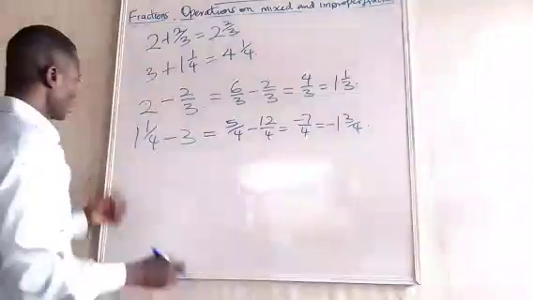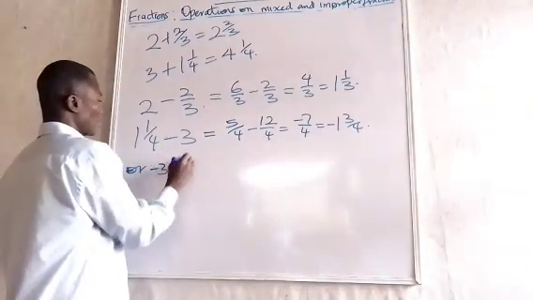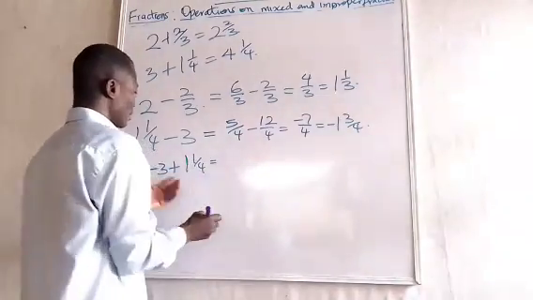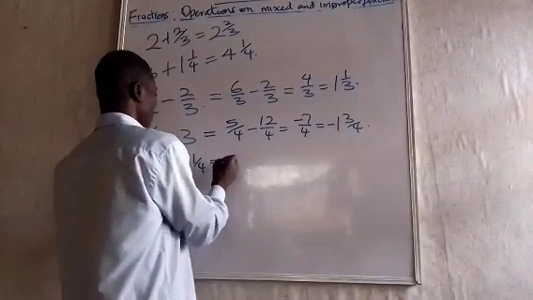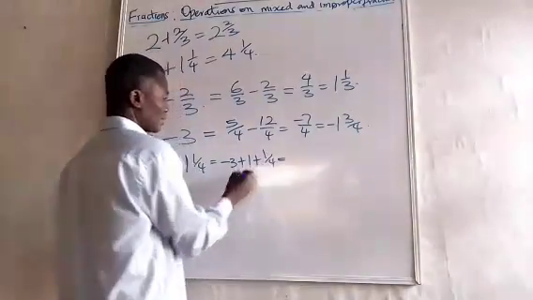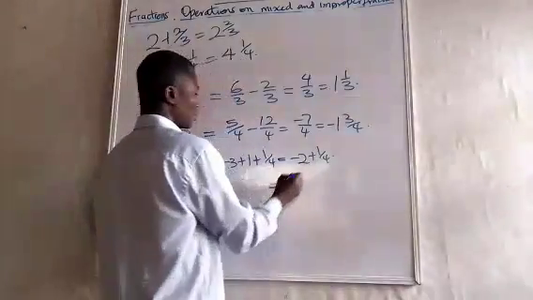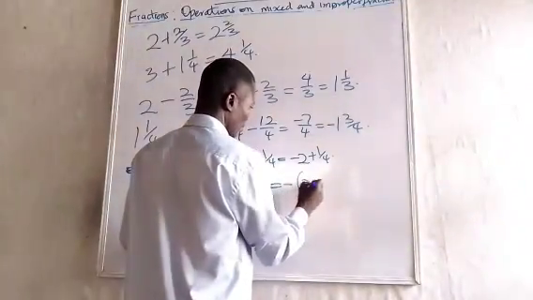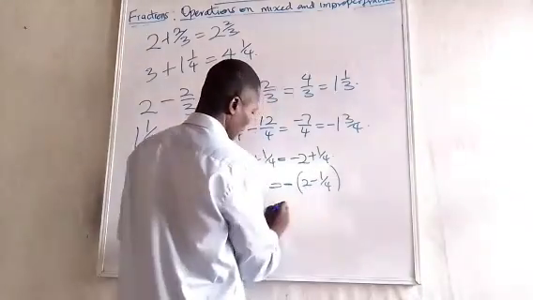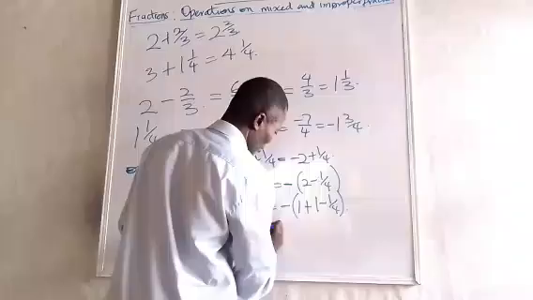Or you make it like this. Minus 3 plus 1, 1 over 4. And what does that make it? It's going to be minus 3 plus 1 plus 1 over 4. That is minus 2 plus 1 over 4. But like I showed you before, it's going to be minus 2 minus 1 over 4. So minus into 1 plus 1 minus 1 over 4.